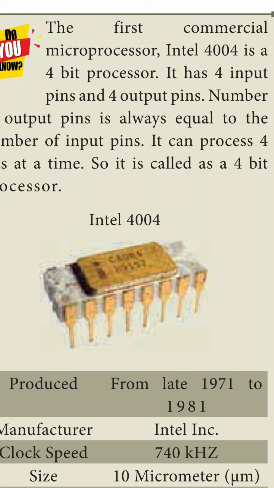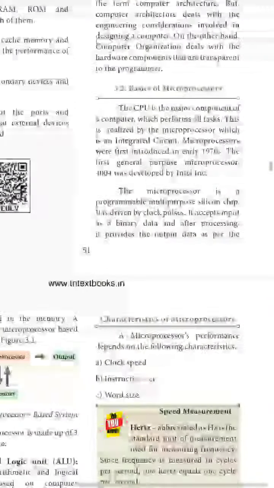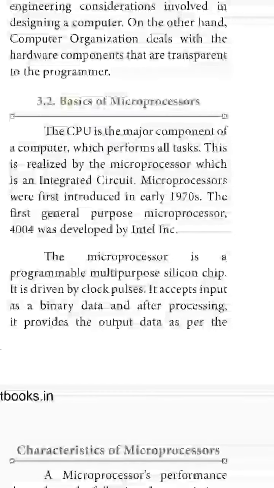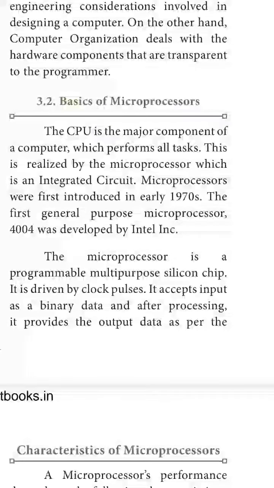CPU will be fixed in the motherboard, and this will be processing all the tasks that you are doing in the computer. Here you can see that the microprocessor was first introduced in the 1970s.